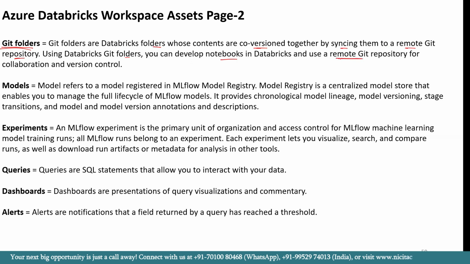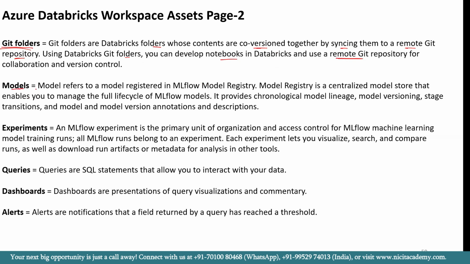The idea is that if multiple developers are working together, they can use the Git repository as a distributed version control system, develop the code, upload it to the remote Git repository, and share it with each other. They can collaborate, change the code, and maintain the version history of their code or notebooks.